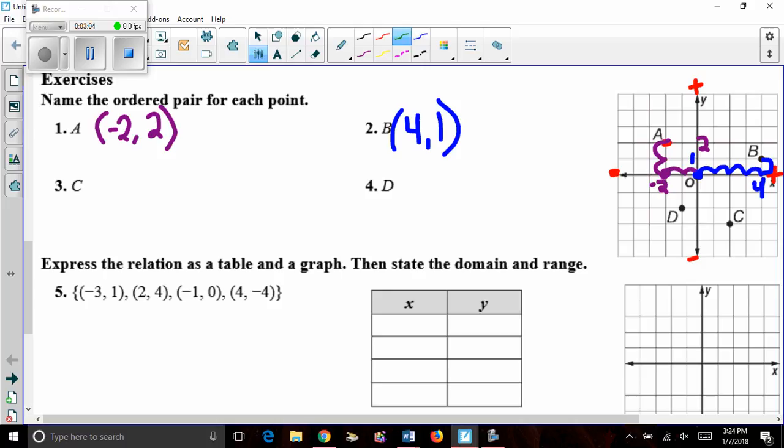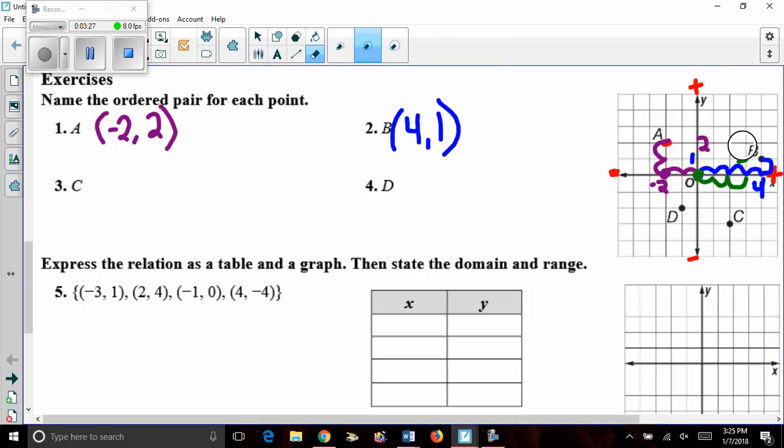Point C, again, I start here at the origin and I count left or right. In this case, it's to the right. 1, 2, 3. So a +3 is my first number because it's to the right. And then I need to look at up or down. I'm sorry, let's backtrack.